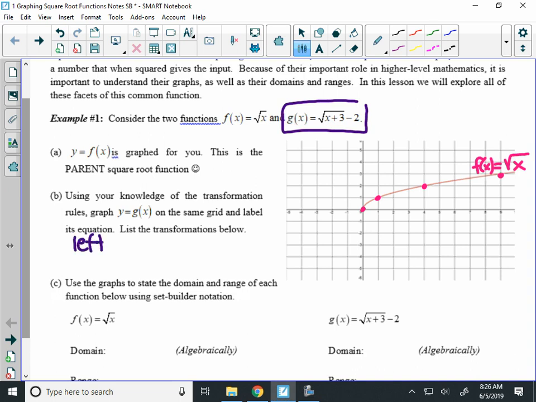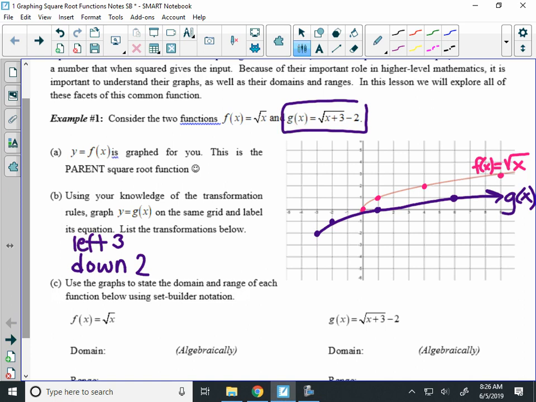So our graph here is going to be going left 3, and the minus 2 on the outside means our graph goes down 2. So if I take each of these points, I'll start at the origin here. I'm going to go left 3, down 2, and plot them. So you can do that to each and every point on this function. And once you connect them, you should have a graph with the same shape, left and down.